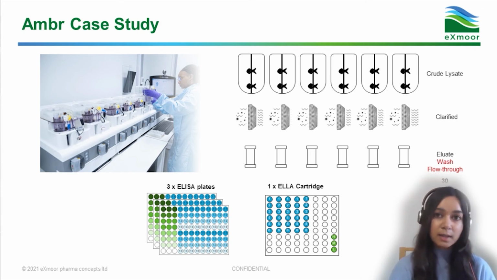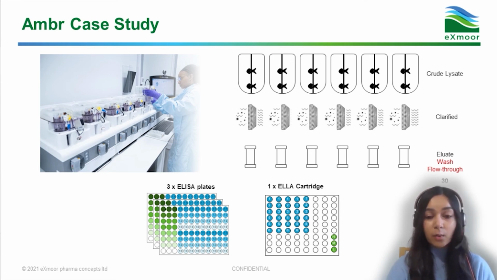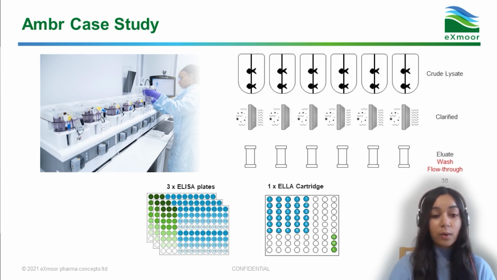So what this does is introduce plate variability, which we know from experiments within our lab ranges from 10 to 20%. Now, if we were running these samples on the Ella cartridge, because it has such a higher throughput compared to the ELISA, we would actually only require 1 Ella cartridge.